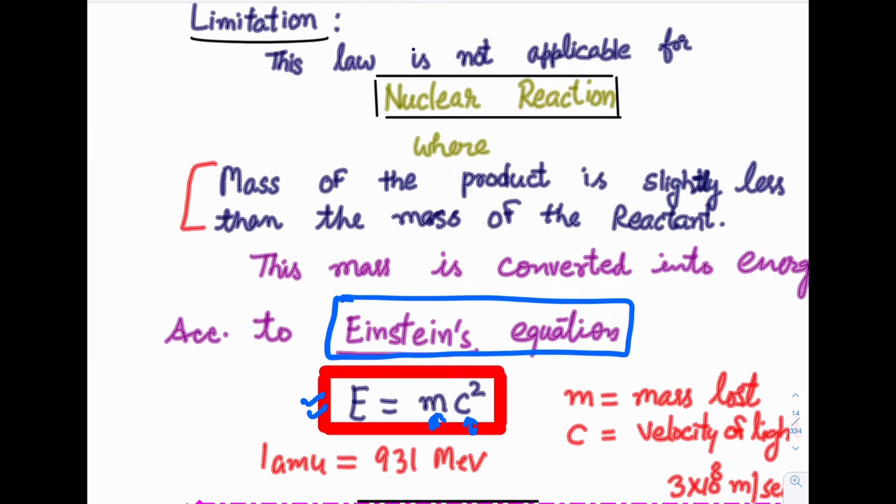In a nuclear reaction, a large amount of heat is released, and this heat is released when some mass changes into heat. Here, the mass of total product in a nuclear reaction is slightly less than the mass of the reactant, because during the reaction some mass gets changed into energy.